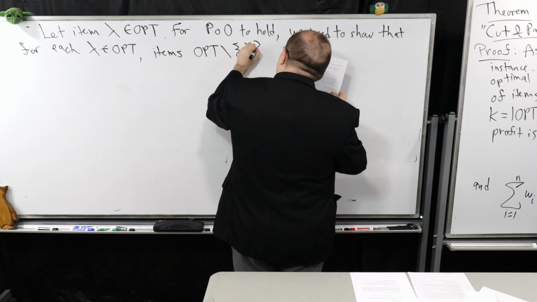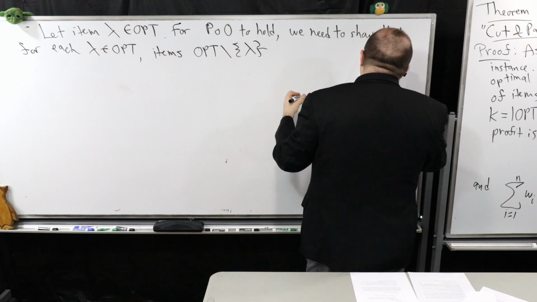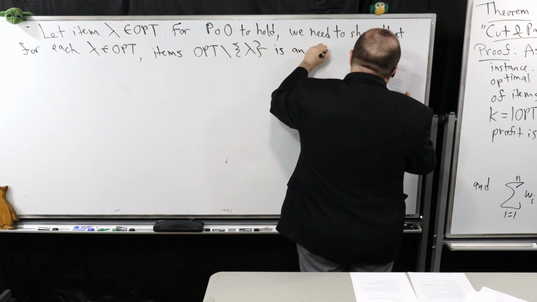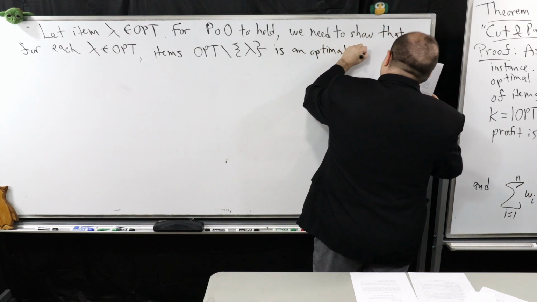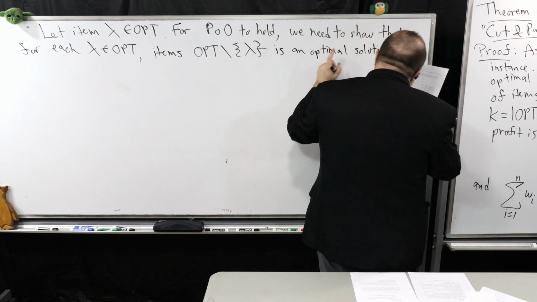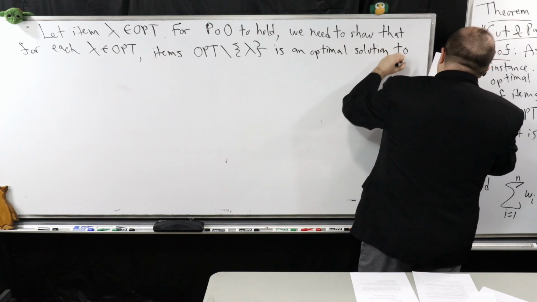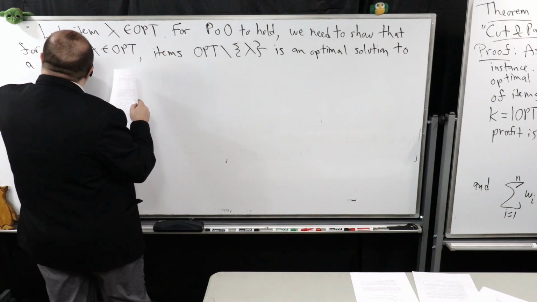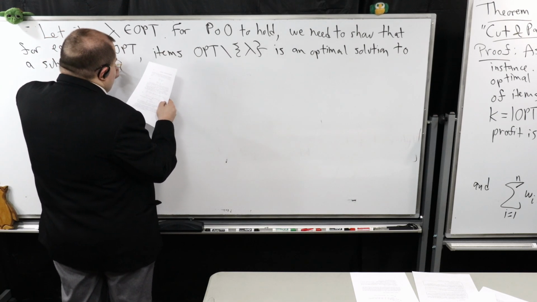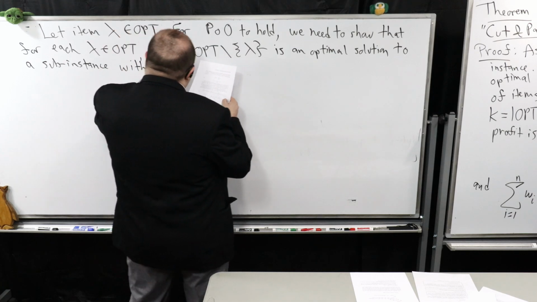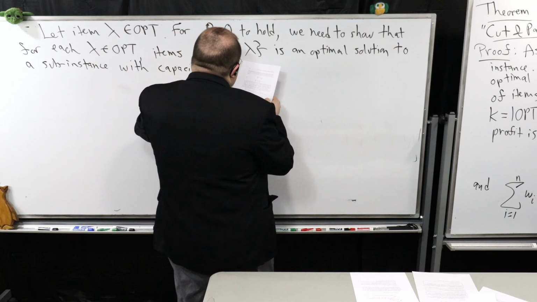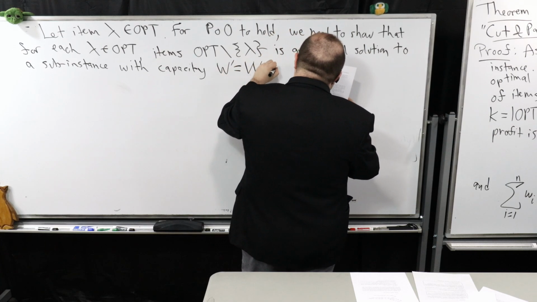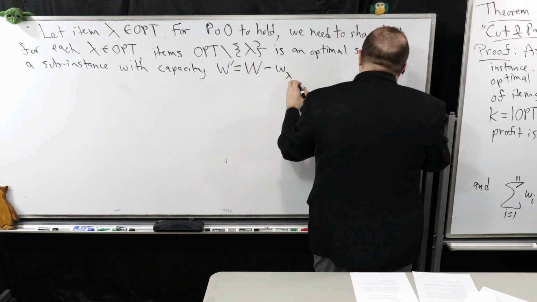So if I remove item lambda from the set of optimal items, it also has to be an optimal solution. Optimal solution, but it is to a very specific subinstance, to a subinstance with capacity W prime is equal to W minus the weight of lambda.